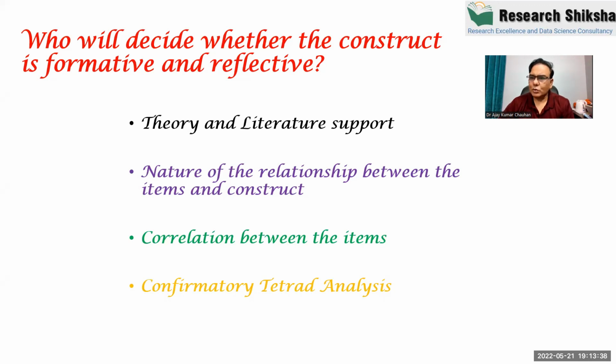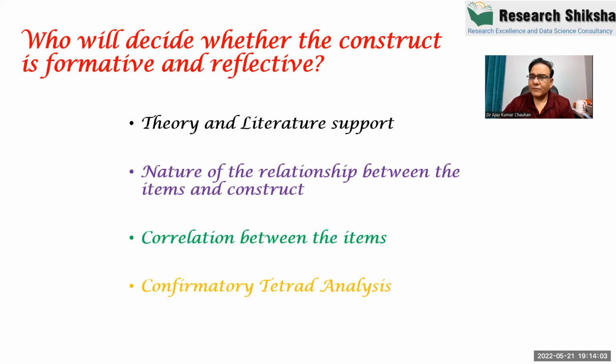The confirmatory tetrad analysis is one of the techniques which we use in SmartPLS. The confirmatory tetrad analysis works on the correlation basis. So the CTA technique examines the correlation between the items. If correlation is very high, the technique says that it is reflective.